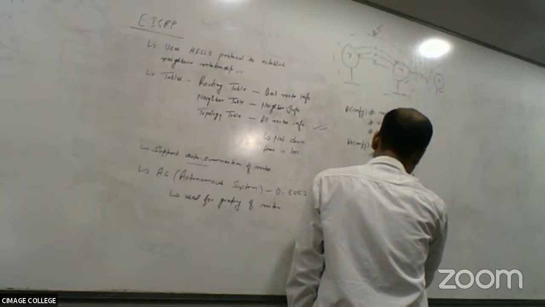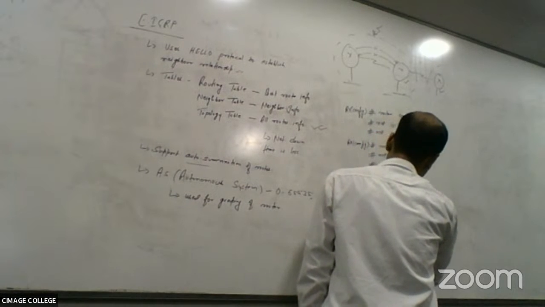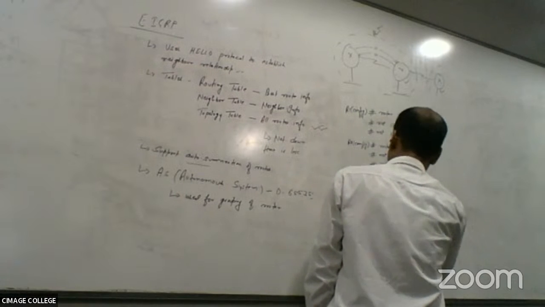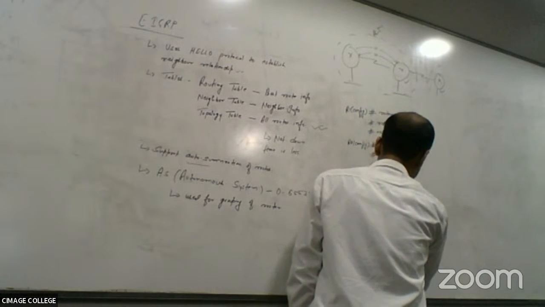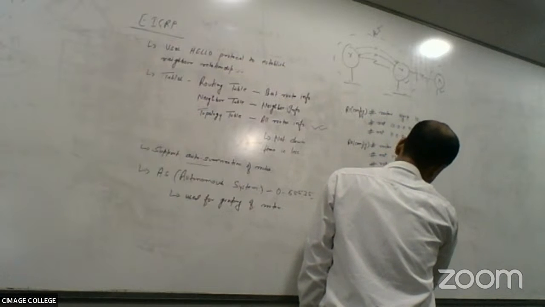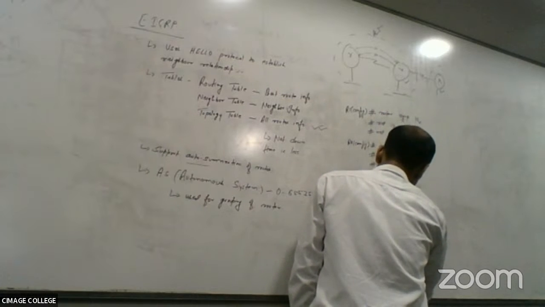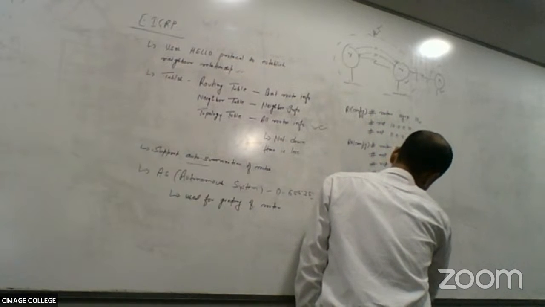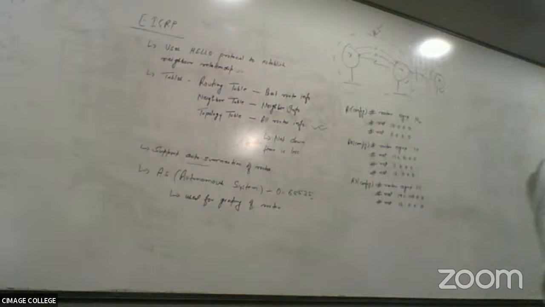Router EIGRP 10. Next. Done. Sir, there is nothing. Only you have to change one word: in place of RIP or OSPF, use EIGRP, and just after EIGRP, put the AS value. That's it.